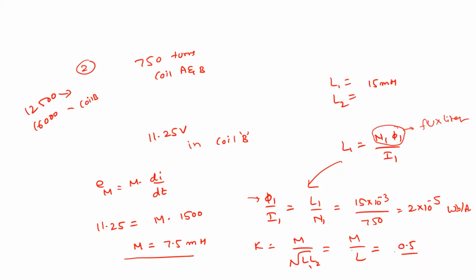it is found that a current of 5 ampere in coil A produces a flux of 0.6 Weber.